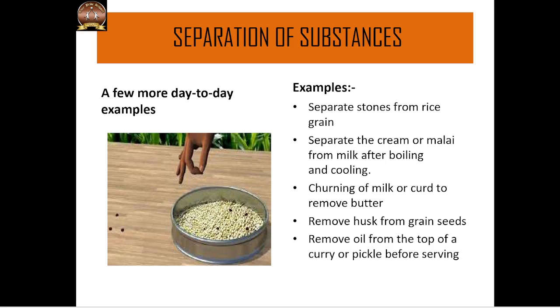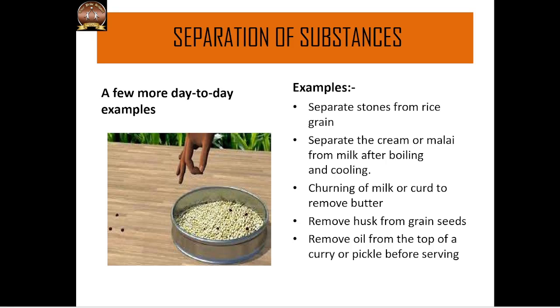Grains and pulses come from the fields, and very often they might have large substances such as stones or perhaps small insects or small pieces of dirt in them, and very often they sit down and separate it by simply picking it and removing it with their hands. So this is also an example of separation.